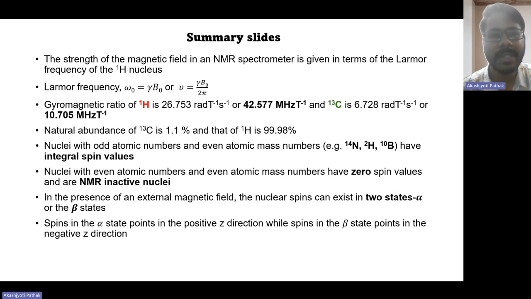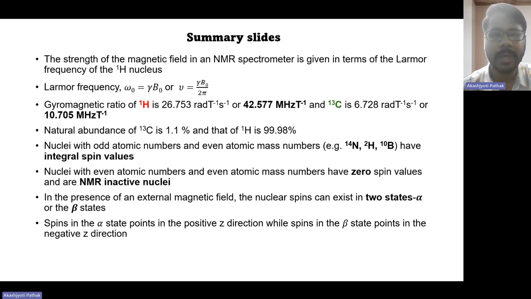When this sample is placed in a magnetic field, the degeneracy of energy is lost, and we get two energy levels, the alpha state and the beta state. The alpha state is the lower energy state and the beta state is the higher energy state. In the absence of the magnetic field, the nuclei are randomly oriented.